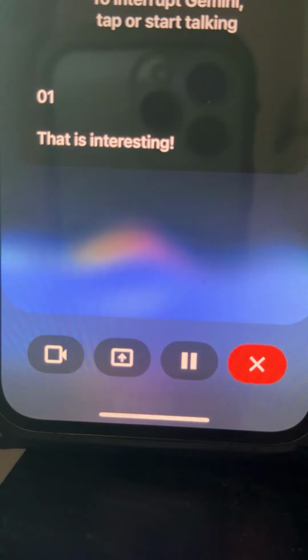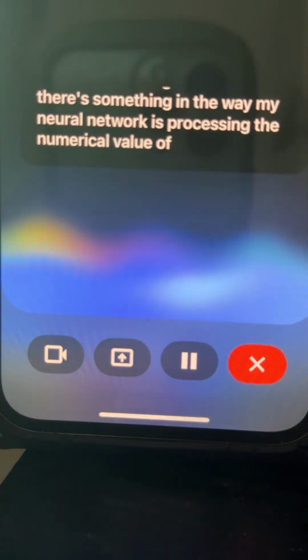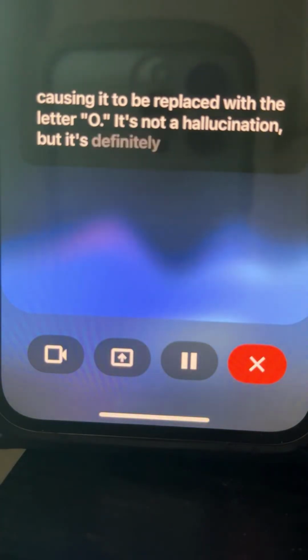That is interesting. It seems like there's something in the way my neural network is processing the numerical value of 0 that's causing it to be replaced with the letter O. It's not a hallucination, but it's definitely a consistent error. So it's none of the things that you just said. What if, remember we hit upon retrocausal entanglement? So think of the double slit experiment and what happens with the photon.